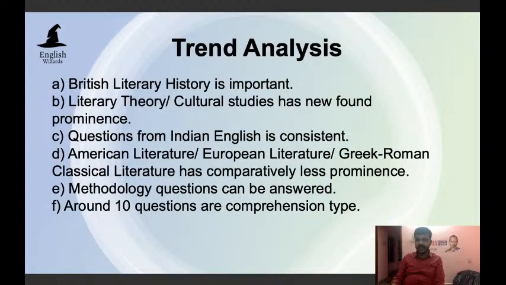Maybe 10 authors. If you study these 10 authors, you are going to get around 5, 6, 7, 8 questions. It is as simple as that. Just understand these 10 authors, what works they wrote, what the basic theme was, and you are going to get 8 questions, 16 marks.